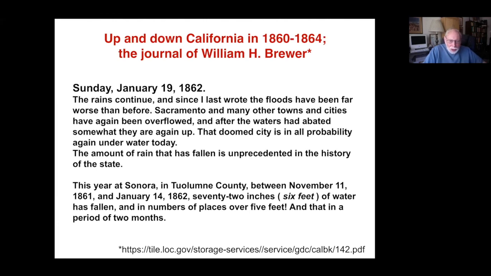The amount of rain that's fallen is unprecedented in the history of the state. This year in Sonora and Tuolumne County, between November 11th, 1861 and January 14th, 1862, 72 inches, 6 feet of water has fallen, and in numbers of places over 5 feet in a period of 2 months.